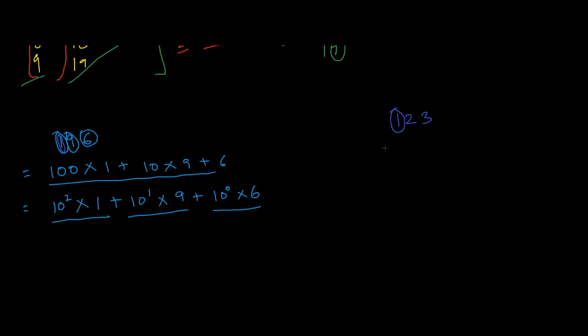So maybe this would be counting to 9 squared, and this would be counting to 9 twice, and this might be counting to 1 three times. And sure enough, if I solve this, 9 squared is 81, times 1 is 81. This is 9 times 2, 18. This is 1 times 3, that's 3. The answer would be 102.